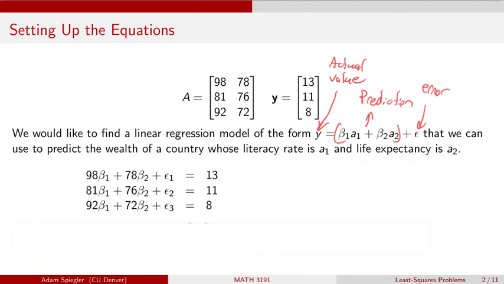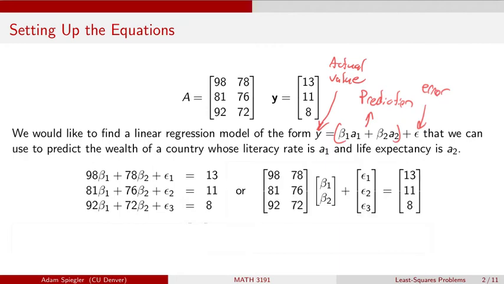So we have a system of three equations, and we can write this as a matrix equation as follows, where I organize the coefficients from matrix A times the vector of coefficients beta 1, beta 2. We have two of them, one for each of the variables, plus a vector of error terms equals a vector of our actual values.